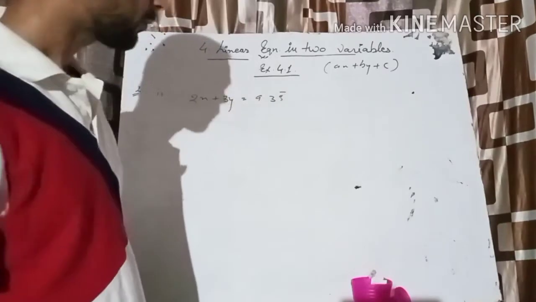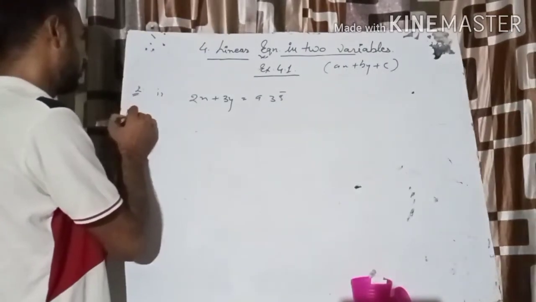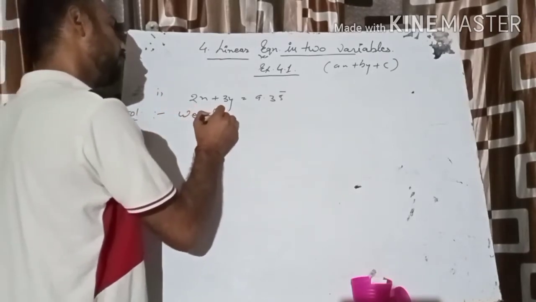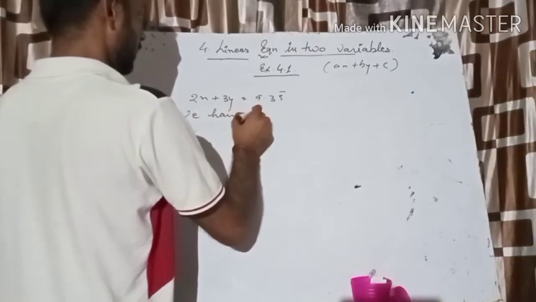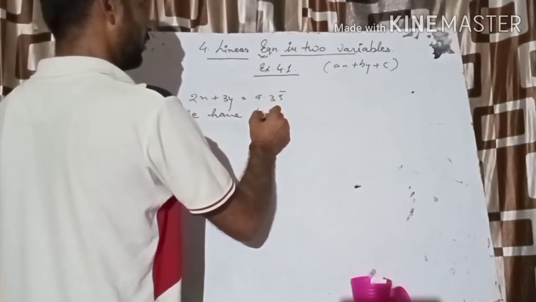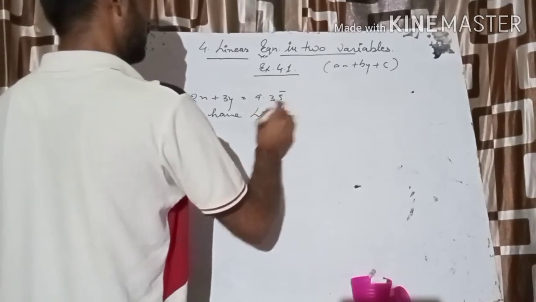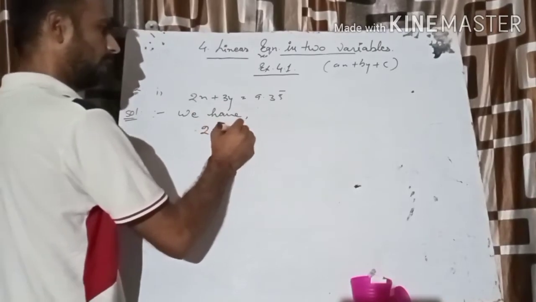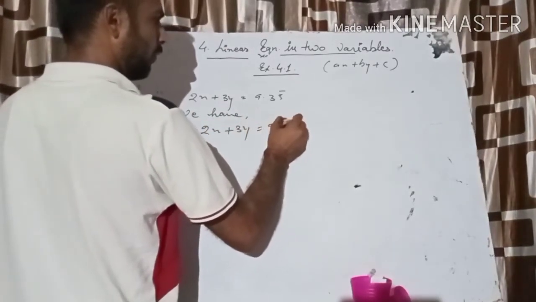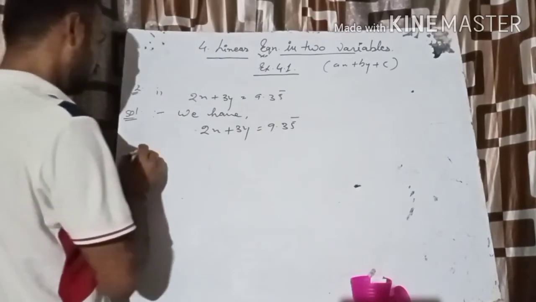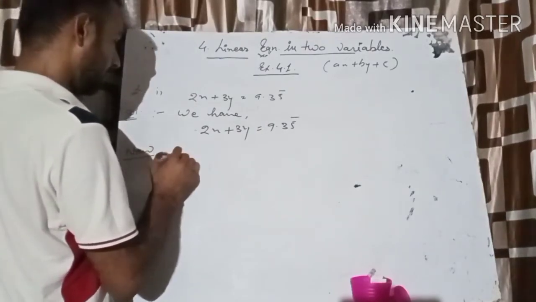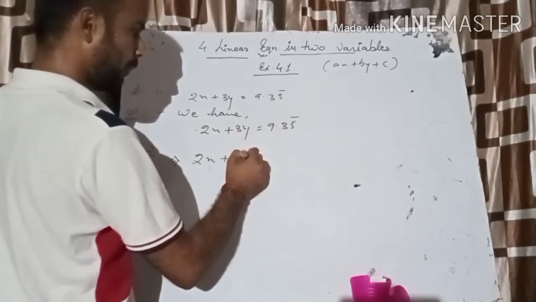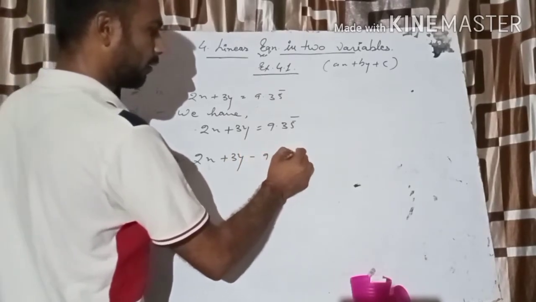Solution: we have 2x plus 3y equal to 9.35 bar. This implies you can write 2x plus 3y minus 9.35 bar equal to 0.